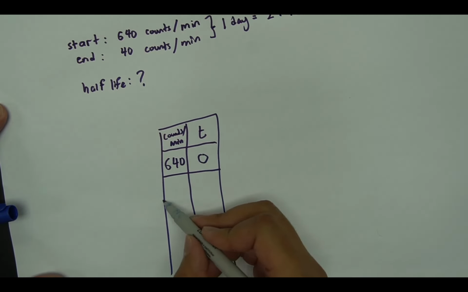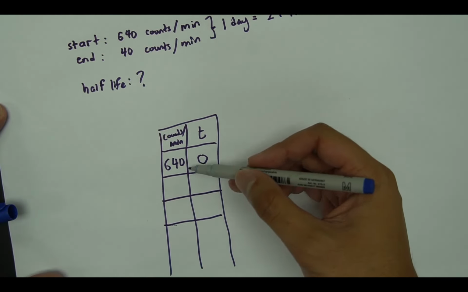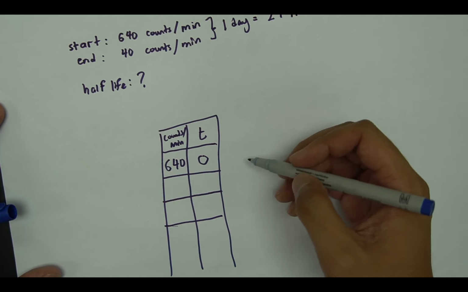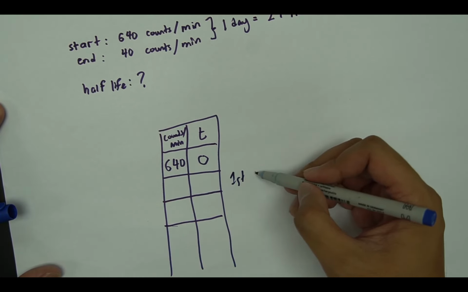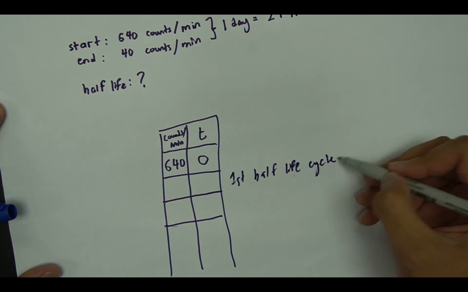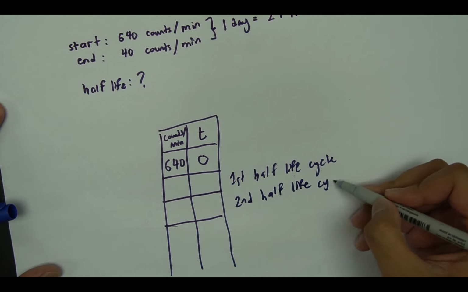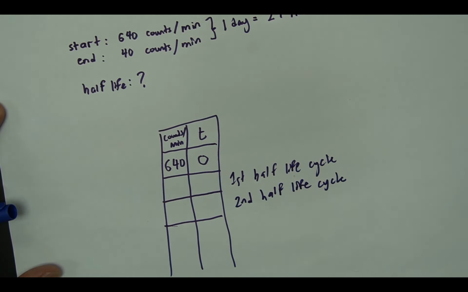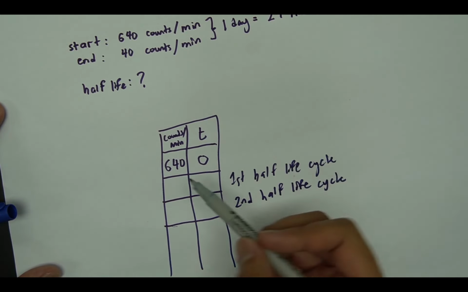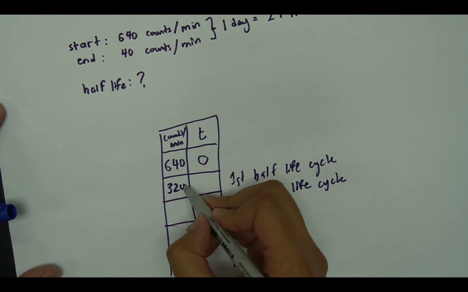And then we don't know when is the time for the next decay, but after one half-life, what should happen is that, so let's say this is the first half-life cycle, and this will be the second half-life cycle, and let's just write down 2 for the time being. So after one half-life, the 640 becomes half. So 640 divided by 2 is 320.